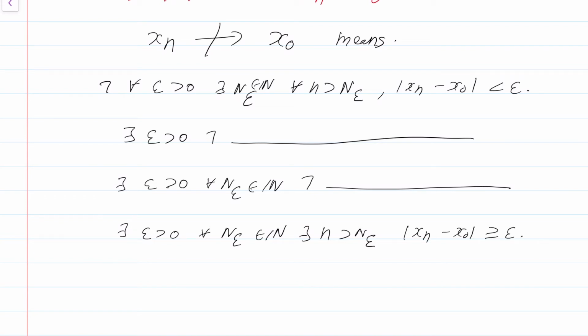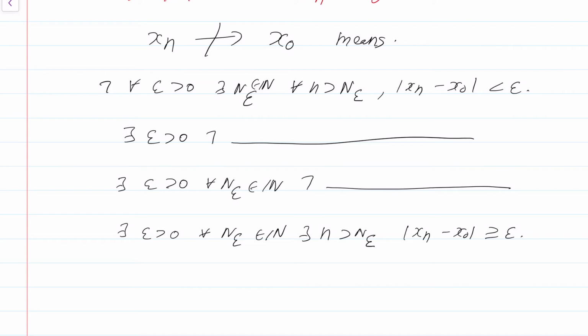What is this saying? There is an epsilon greater than 0 such that for all n epsilon in N, there exists some n greater than n epsilon such that mod xn minus x naught is greater than or equal to epsilon. For xn converging to x naught to fail, for some target epsilon, it is not the case that every term in the sequence beyond a particular point is fully contained within the target zone.